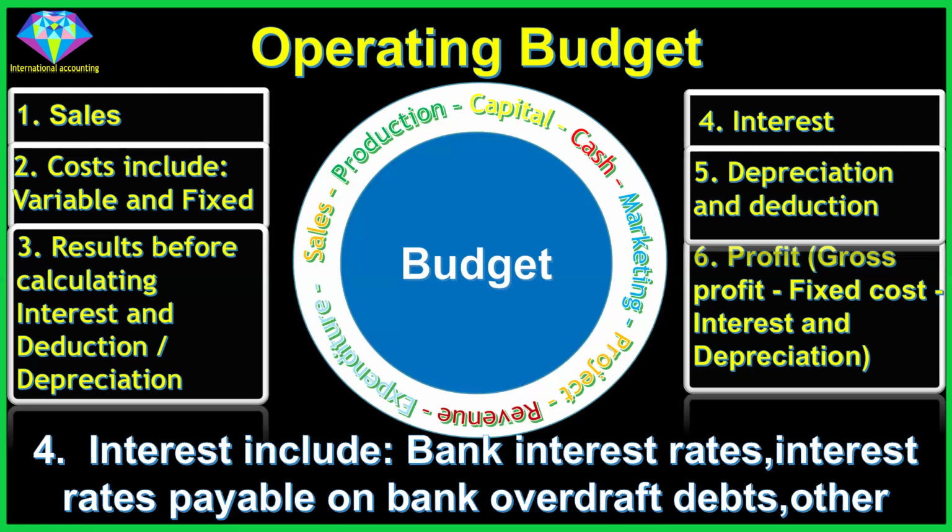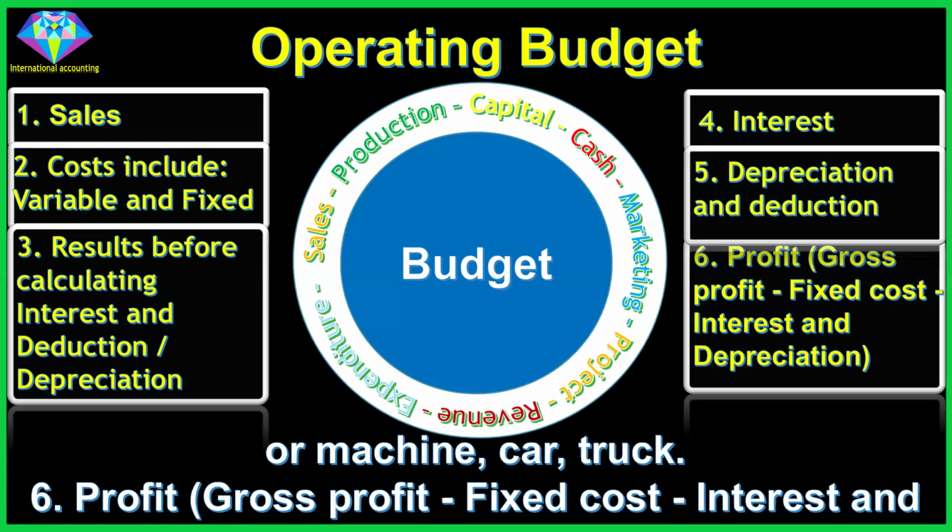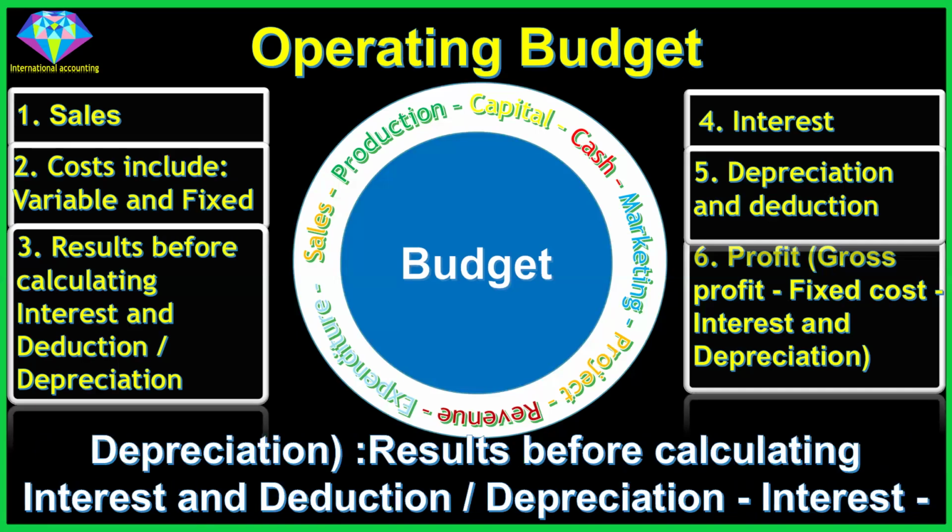4. Interest include bank interest rates payable on bank overdraft debts, other interest payments. 5. Depreciation and deduction include factory or machine, car, truck. 6. Profit, gross profit minus fixed cost minus interest and depreciation.